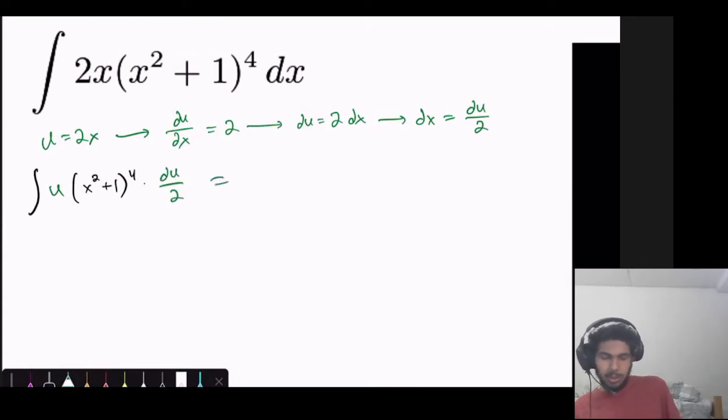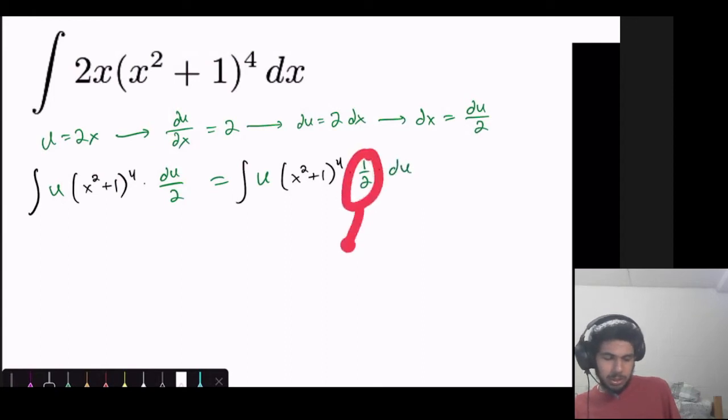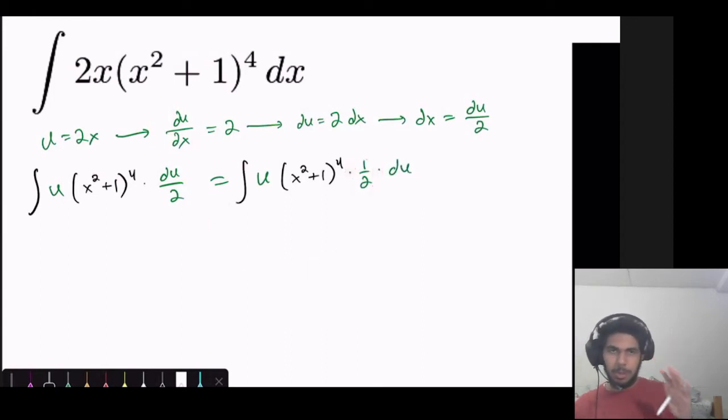Let me write it out a little bit better. Integral of u times (x squared plus 1) to the 4th times 1/2 times du, something like this. We could bring this constant out, but let's not worry about that now.